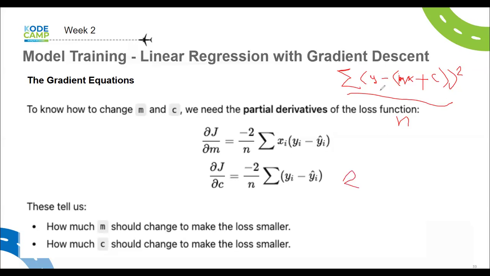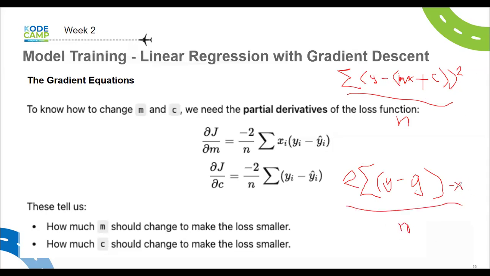So you have the 2, the summation still remains, and the y minus y hat still remains, what we call the product rule. But then you go in and differentiate the inside again, which is minus mx minus c. So the minus mx is what gives you the minus x, which multiplies this. The c goes away, and it's divided by n.